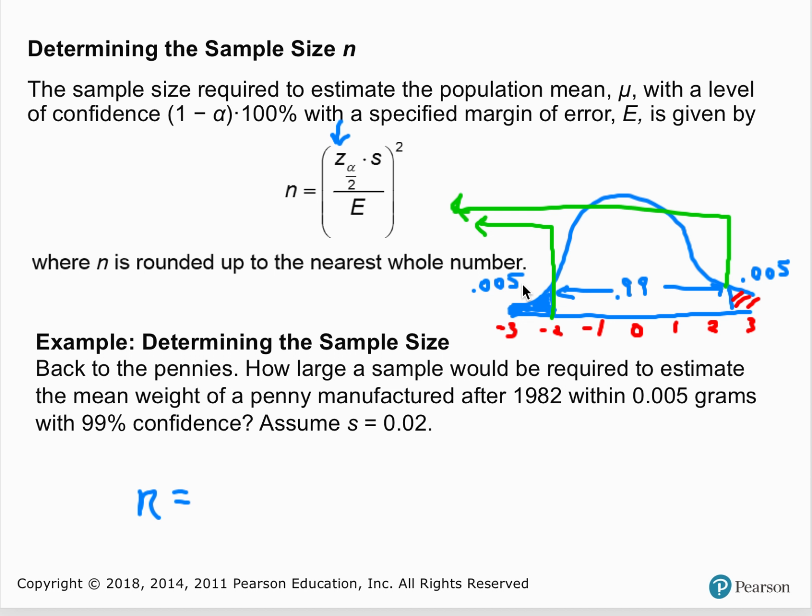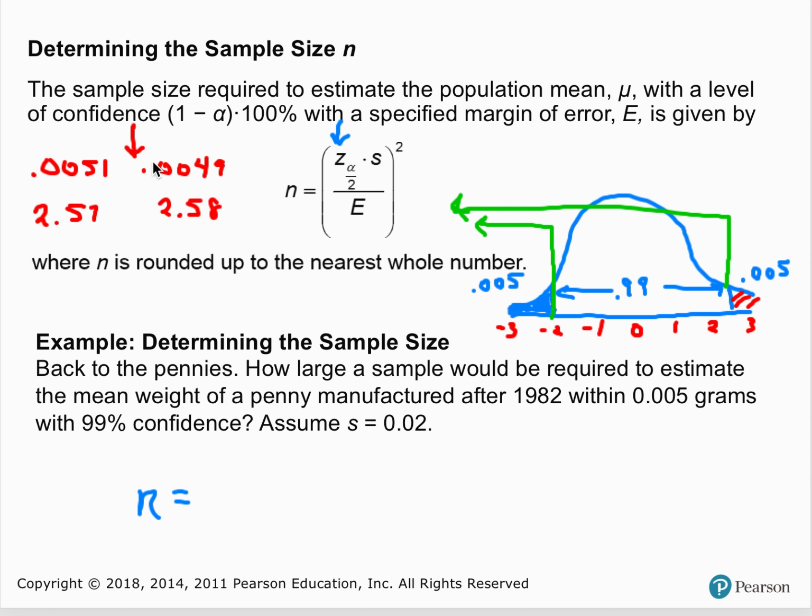Okay, I've got a 0.0051 and a 0.0049. This coincides to 2.57 and this to 2.58.